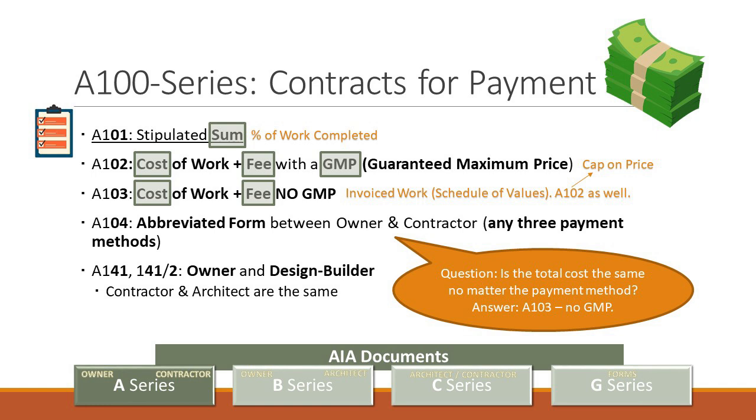That's the discussion. The answer to the discussion of which payment method you use, that discussion you have with the owner, is hinged on the question you just asked. So the short answer is, is it a means to the same ends? The answer is no. The reason being is, when you go into an A101 as a lump sum, the contractor says to the owner, I will build this house for you for $1 million.